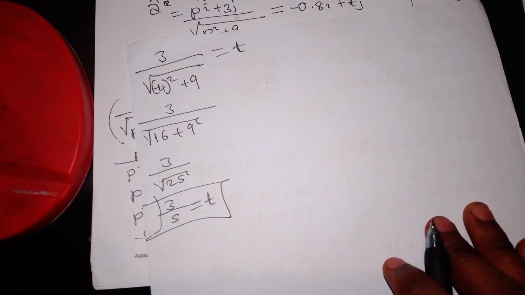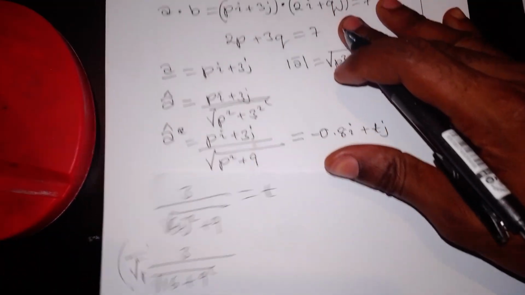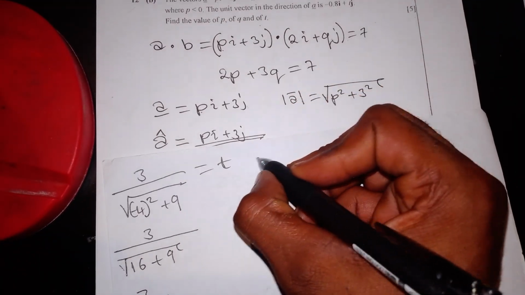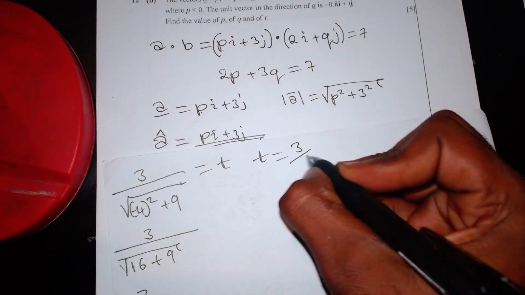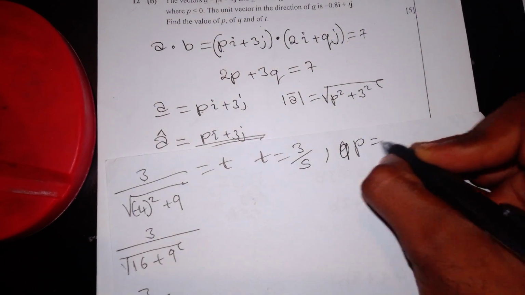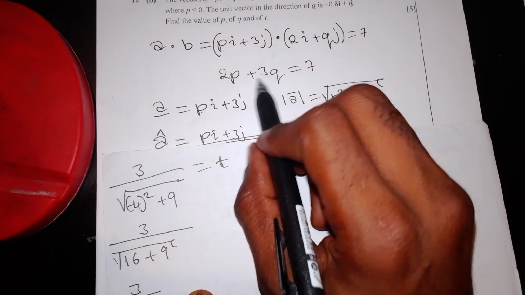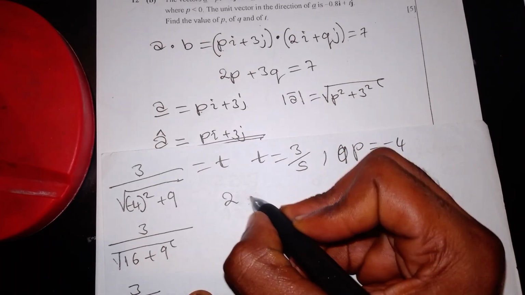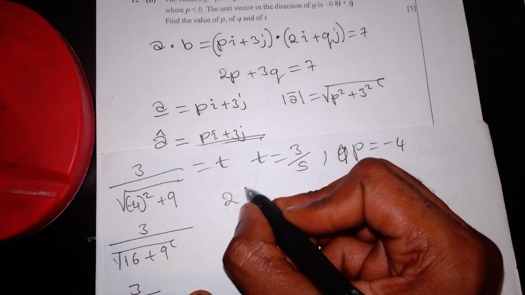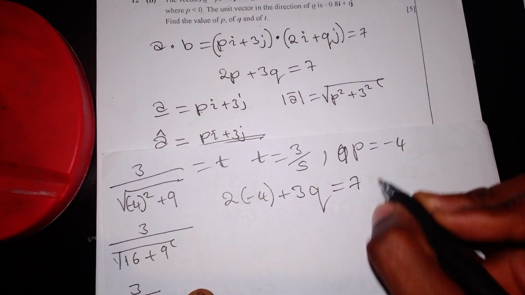And then to find your q, we found our t is 3 over 5, and p is -4. So to find your q, you can just use this equation. You can say 2p is -4 plus 3q is 7.